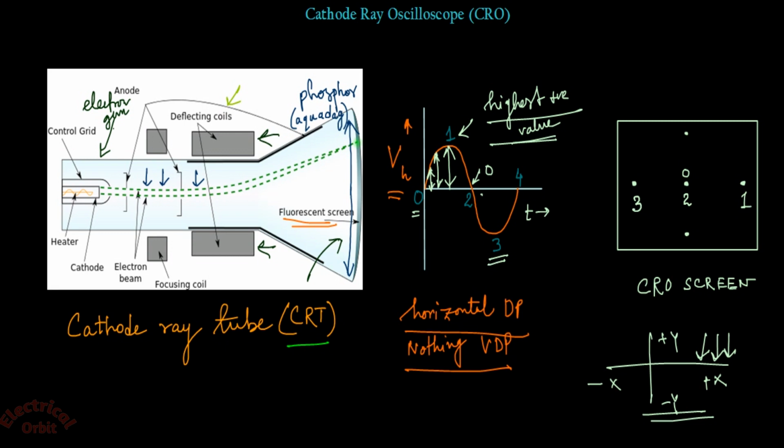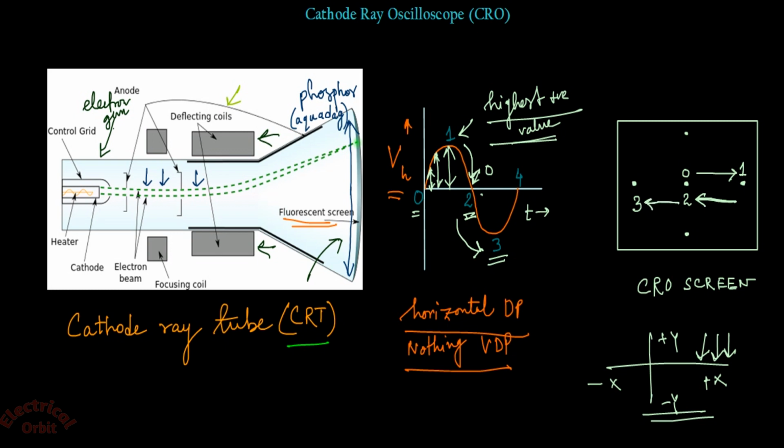So first the line at the CRO output will go from 0 to 1. Better we write this at this position because it is a positive one, so I have written it on the upper side. Next, from position 1 it returns again to 0, so the movement will be again to point 2. Then from 2 it goes to extreme negative, that is position 3.